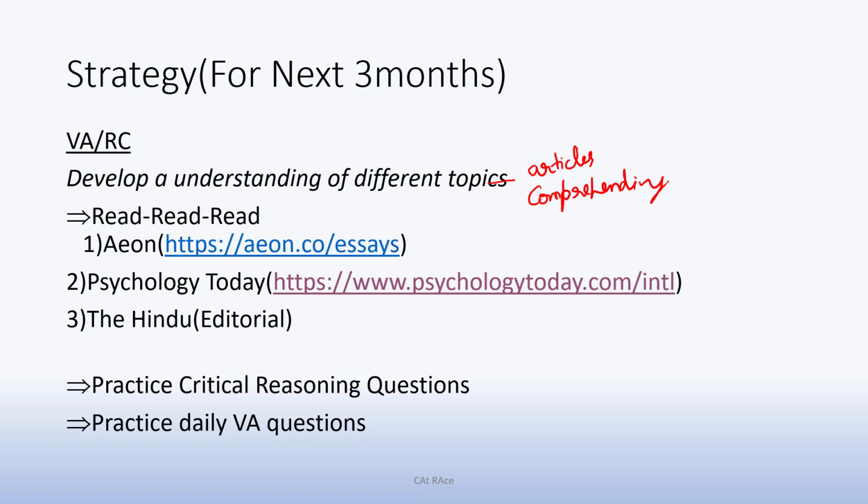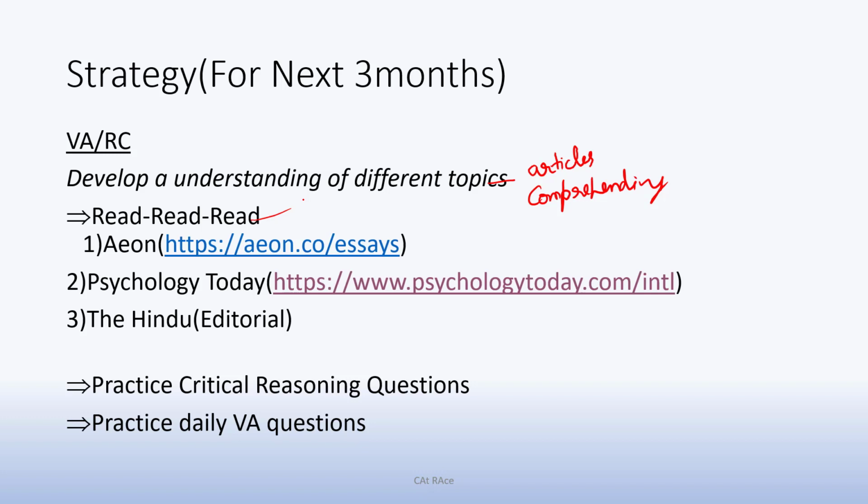For strengthening your comprehending power, you should follow these things: read. Reading a variety of topics will make you comfortable with different types of readings. That will help you read the passage easily, and you will become familiar with the different types of vocabulary used in different passages.